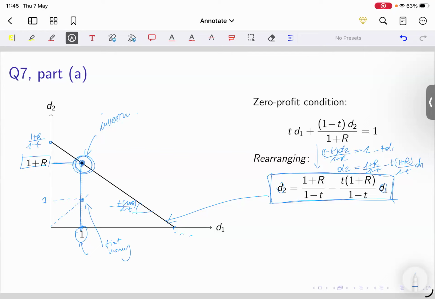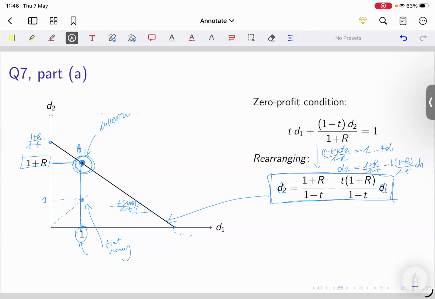Now, this is my zero profit condition as a bank. But of course, as a bank, I don't have preferences. I'm just an entity. What matters is what my customers, my households, want. So we said by themselves, they can enter the investment contract. This is this point A, for example.